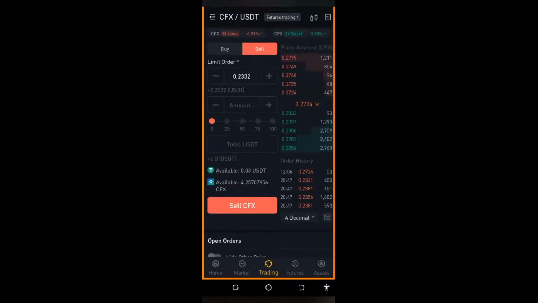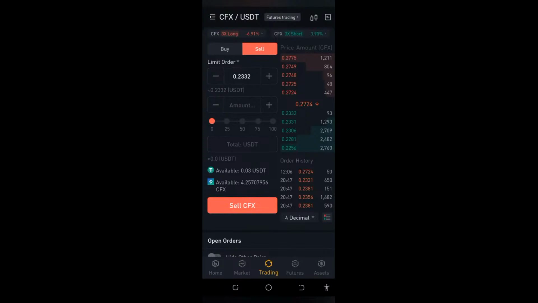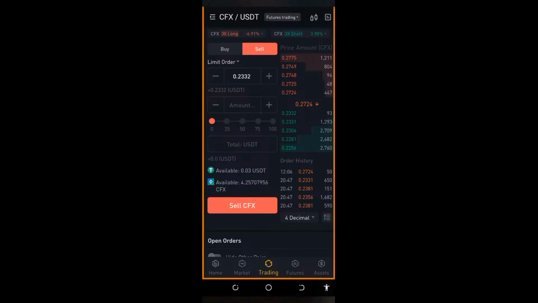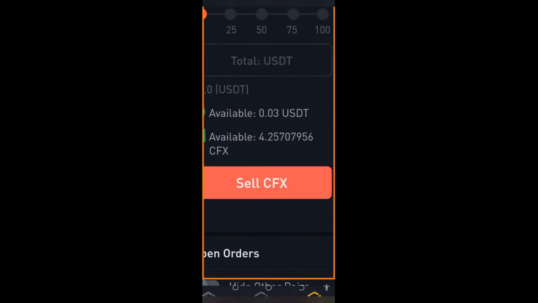Now next, I want to check something, because we've already seen that we can deposit here. Don't forget, this is supposed to be $1 worth of CFX that we sent. If you see now, we have 4.25 CFX.